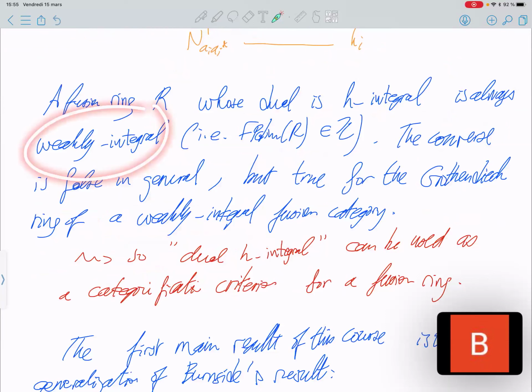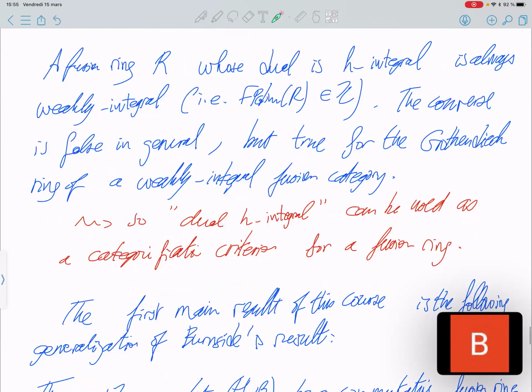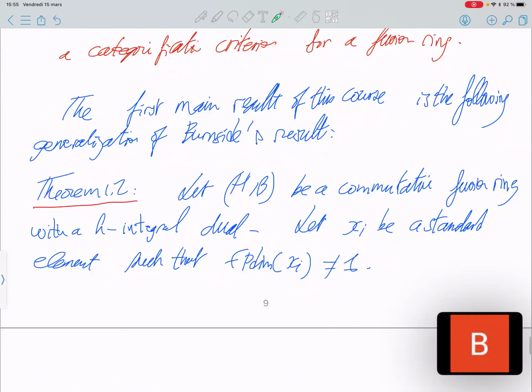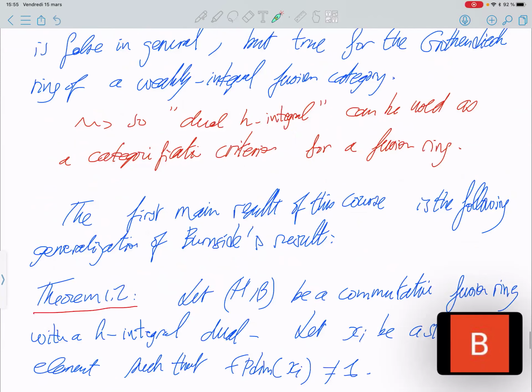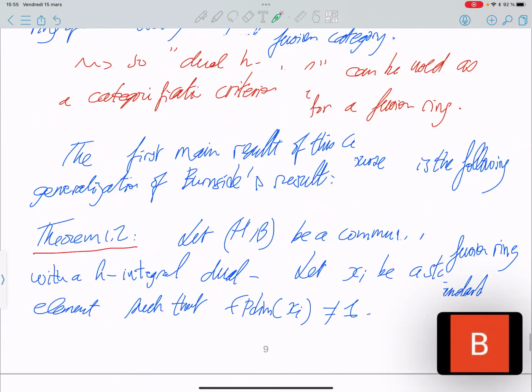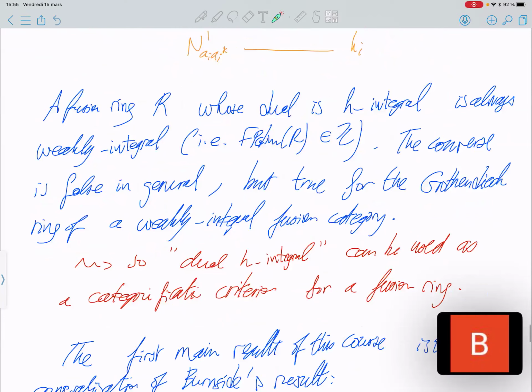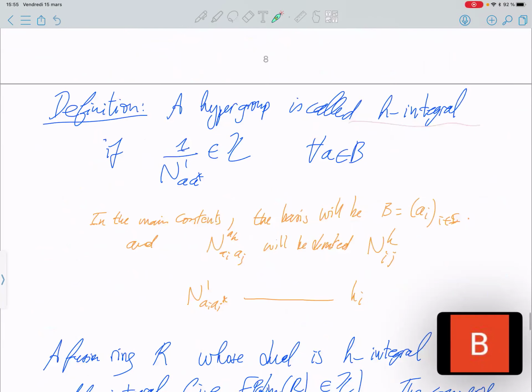But if you remember, for people who were in the previous course, a weakly integral fusion category, in fact, is pseudo-unitary, which means that the categorical dimension equals the Frobenius-Perron dimension.